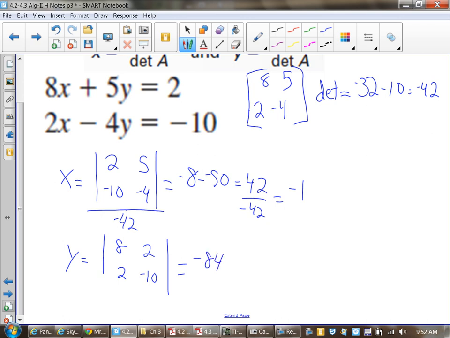You get negative 84, divided by negative 42. Now do you see why we can use determinants? 8 times negative 10 is negative 80. Negative 80 minus 4 gives you negative 84.